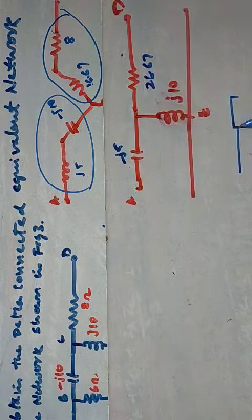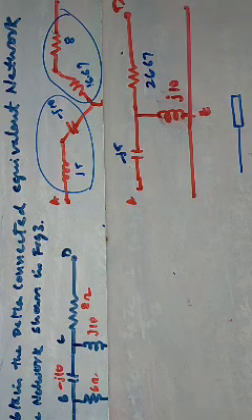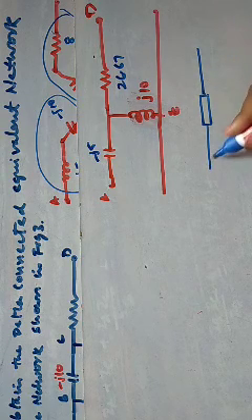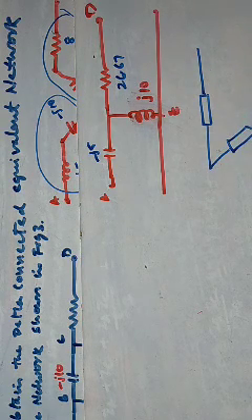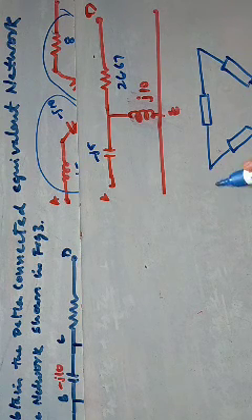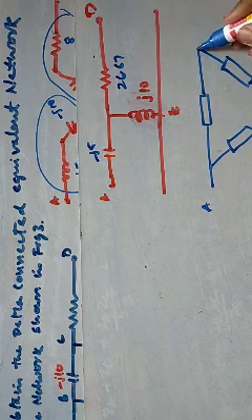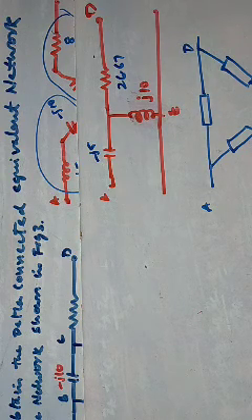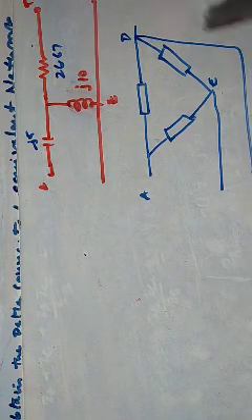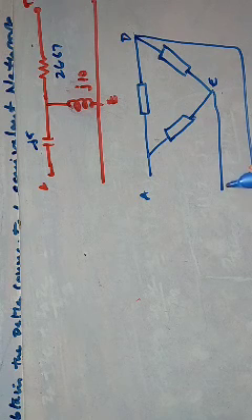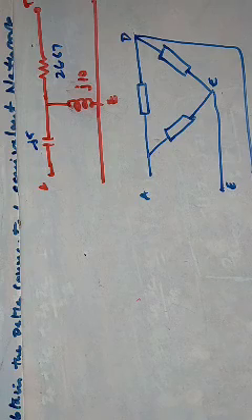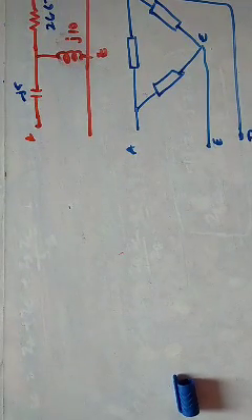If I write this symbol, it indicates the combination of both resistance and reactance, that is, impedance. This is A, this is D, this is E. This is the extended line. These are nothing but E and D respectively. You have to find.